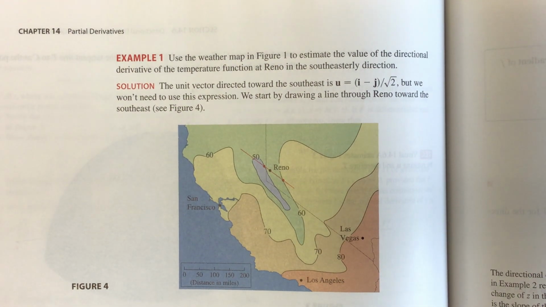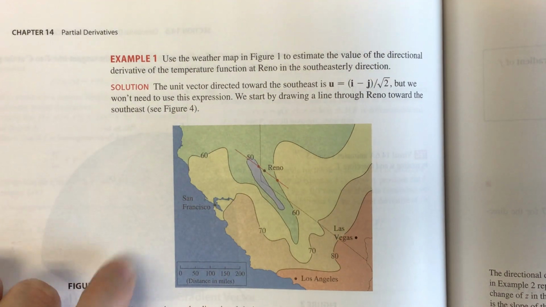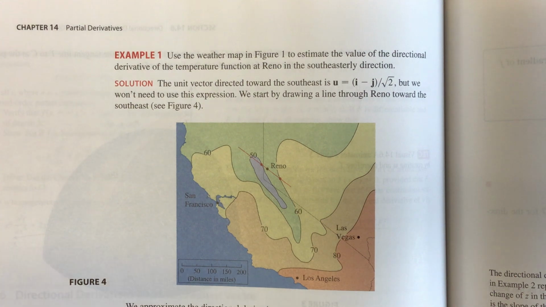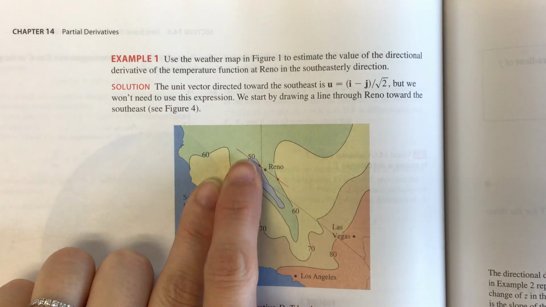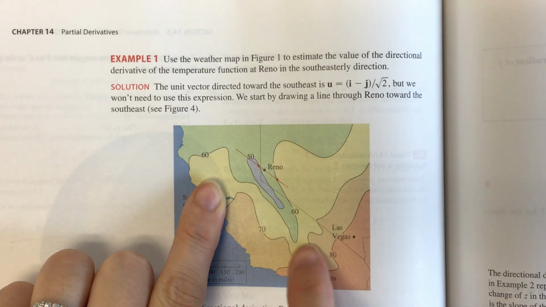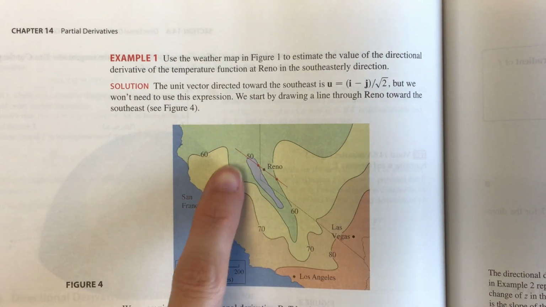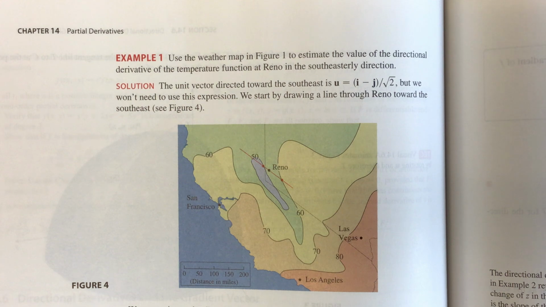Okay, so what we're going to do is draw in the southeasterly direction. And you need to know what was the temperature, where is it going? If you look at this level curve right here, temperature's at 50. Next level curve you get is at 60. With me? So that means as you're heading in the southeasterly direction through Reno, there's a temperature difference of 10 degrees. Good so far?